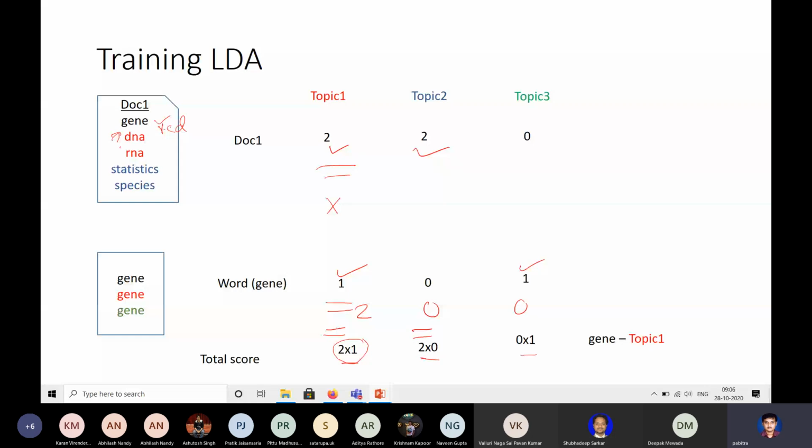You pick from a box where the number of balls of each color is proportional to the product of these two scores, and this way I color them. It's not deterministic; it's according to this probability.